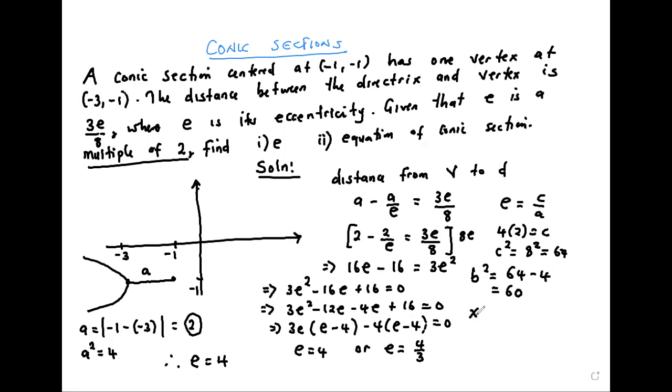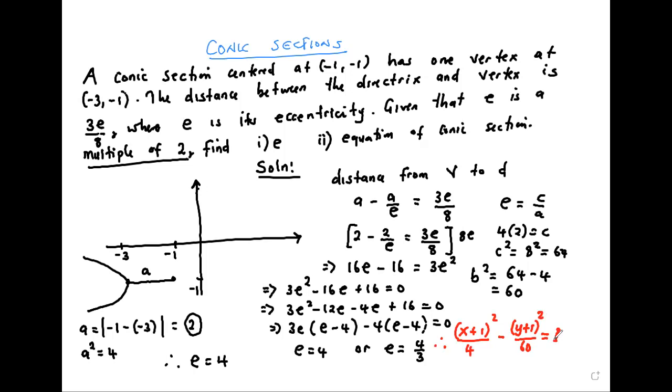So what we have here is (x plus 1) squared over a squared, that is 4, minus (y plus 1) squared over 60, is equal to 1. That's the equation.